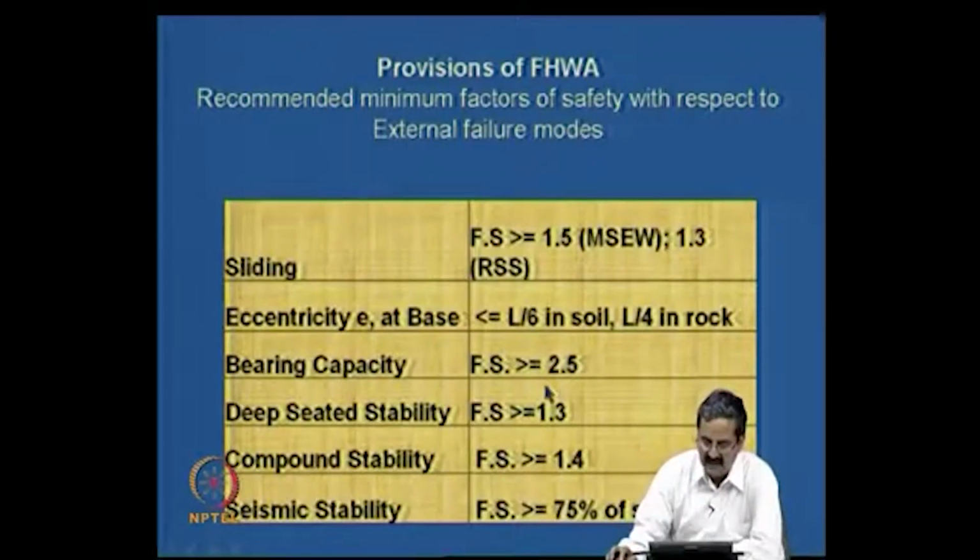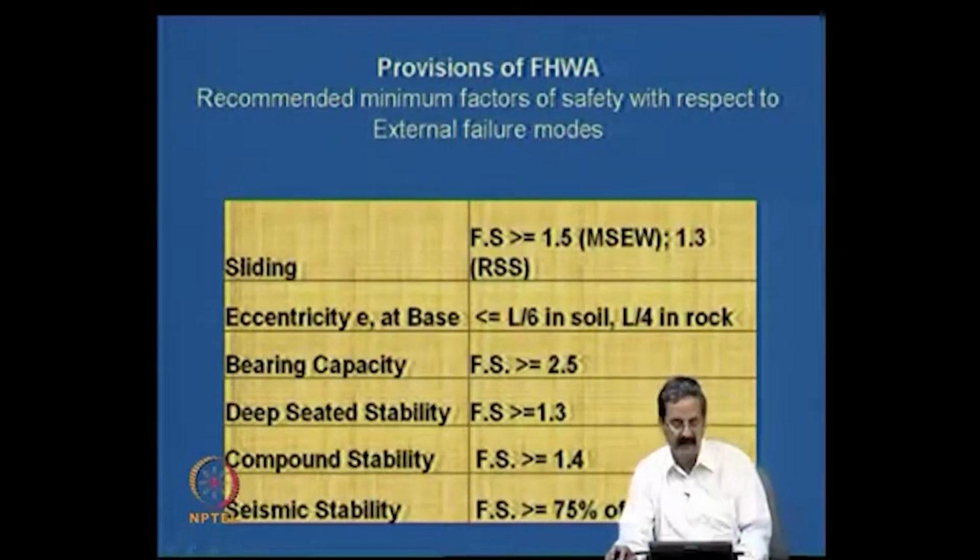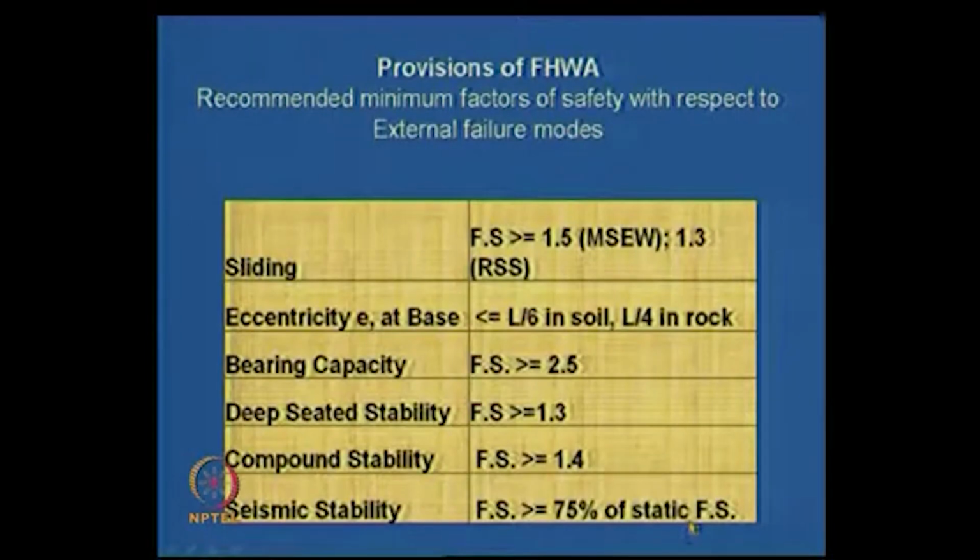Bearing capacity factor of safety should be more than 2.5. Deep-seated stability, 1.3. Compound stability, like number of failures, 1.4. Seismic stability: the factor of safety can be reduced to 75% provided the earthquake force is considered in the design. That we will see, how do you consider that.